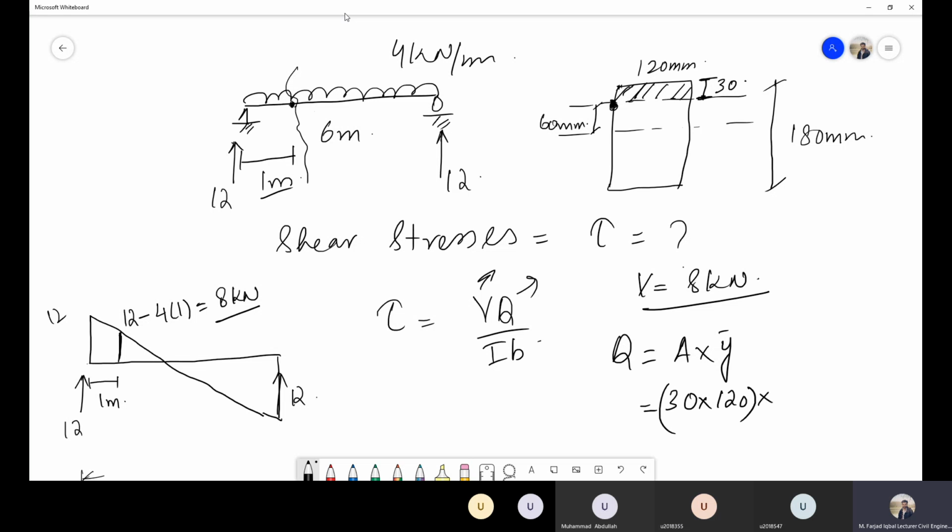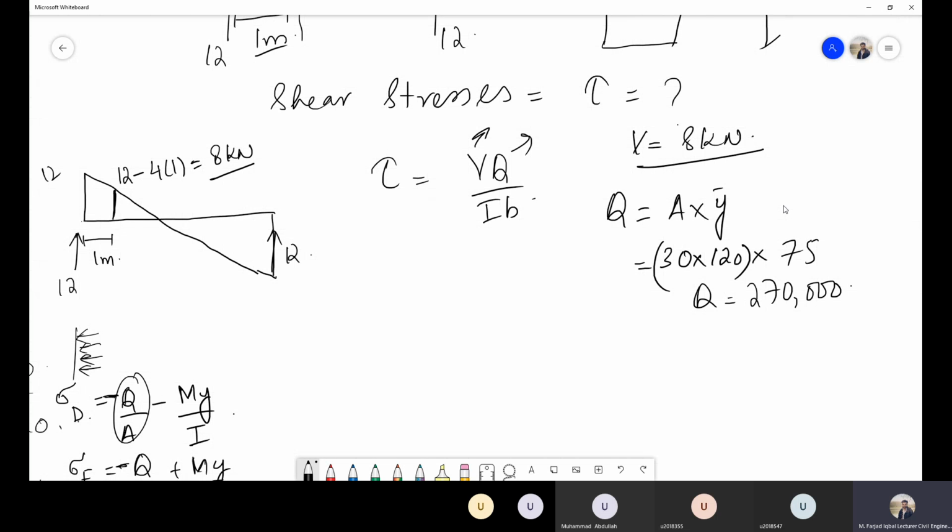And what will be the value of y? Y is the distance from here till here. So that will be 75. So what is Q? Sir, 270,000. So this is in millimeter cube. Just remember the units.